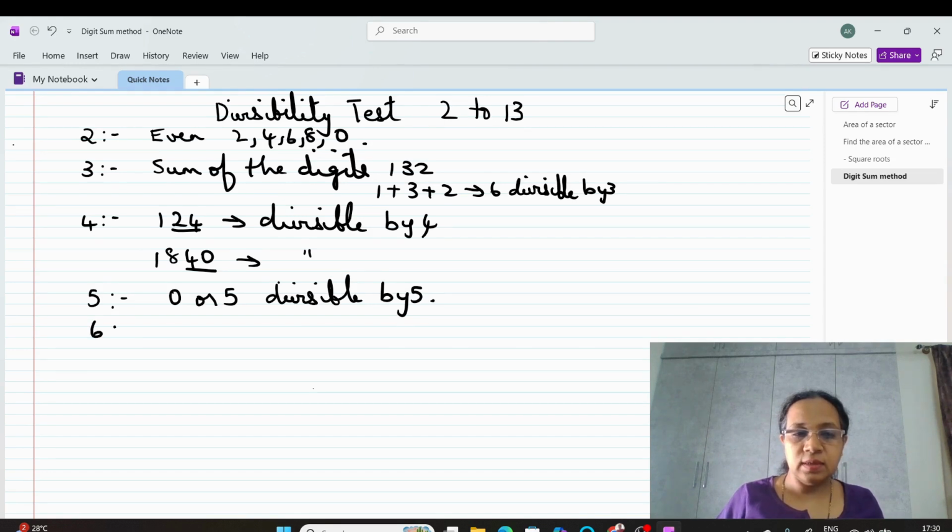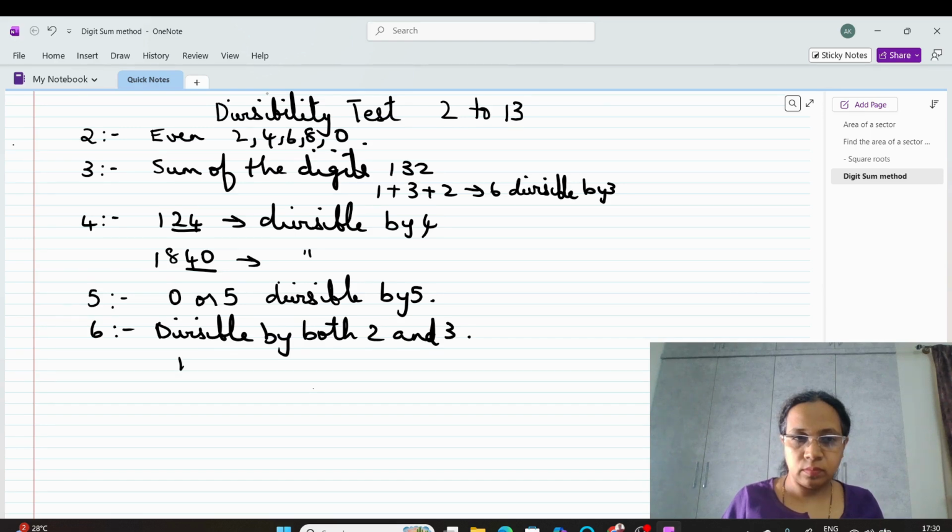Divisibility test of 6: if the number is divisible by both 2 and 3, it's divisible by 6. Suppose you have 132, it's an even number, so it's divisible by 2.